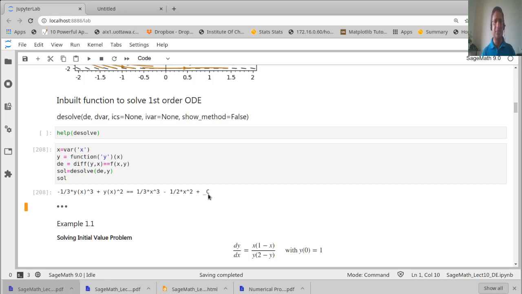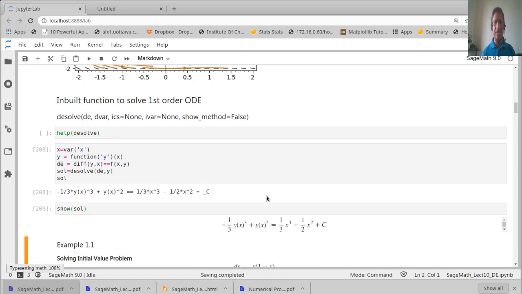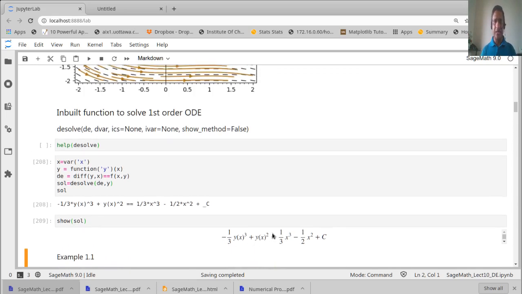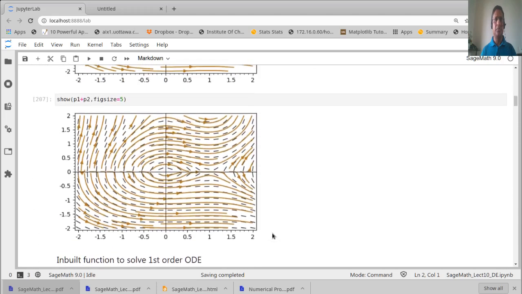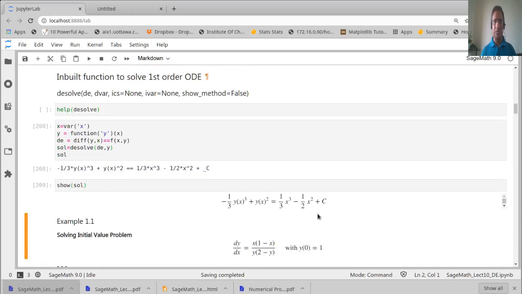So that is why Sage puts underscore c for such variables. When you ask it to show, then the underscore will not be there. So that is how it looks. So this is the solution of this differential equation, which is implicitly defined in x and y, and we can plot the graph of this solution curve.